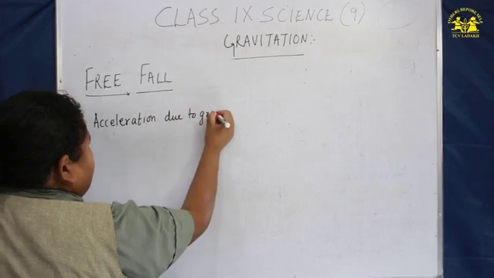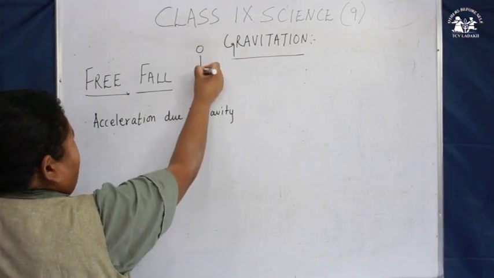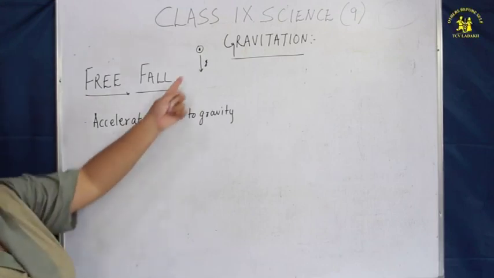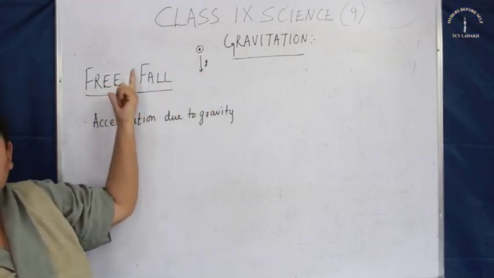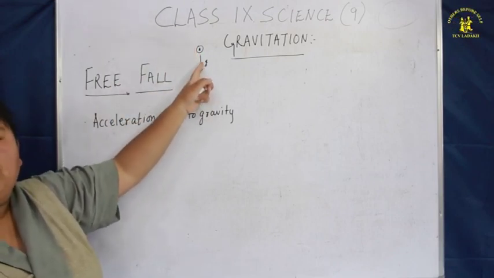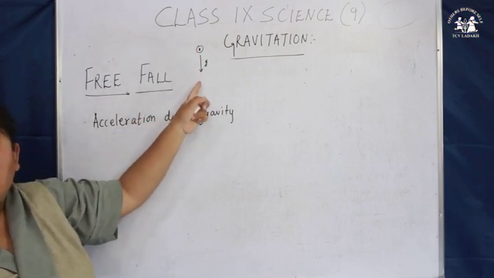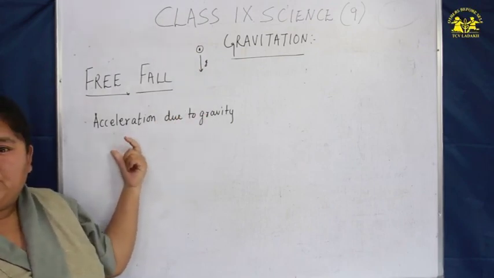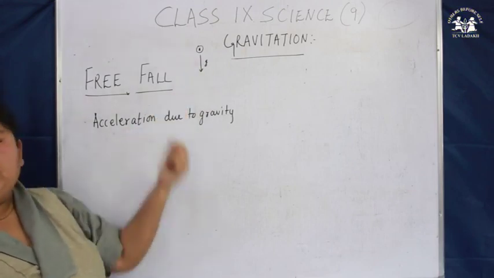When an object moves under the influence of gravity, its velocity changes, so there is an acceleration involved, right? So here the acceleration is due to the gravity.